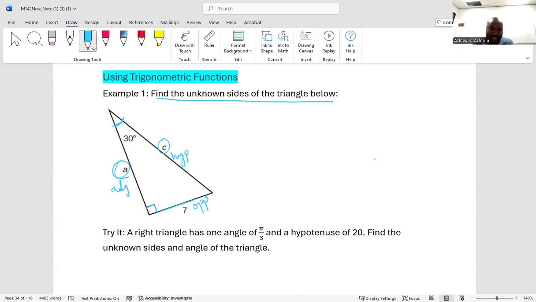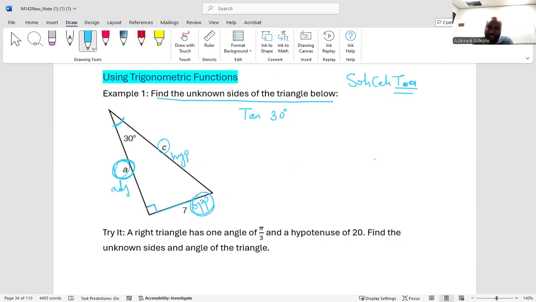So this is adjacent, and we have opposite. Adjacent and opposite. Remember, we can say tangent of angle 30 degrees. That is from SOHCAHTOA. We have opposite and we have adjacent, so I know what brings them together is tangent.